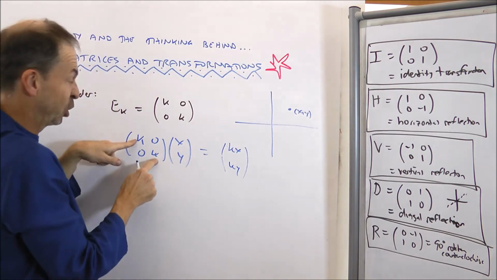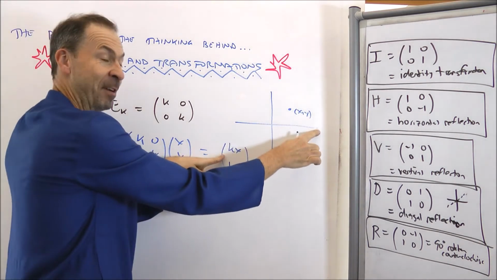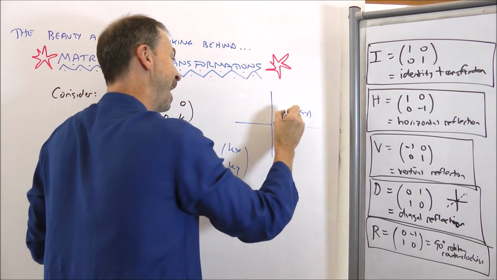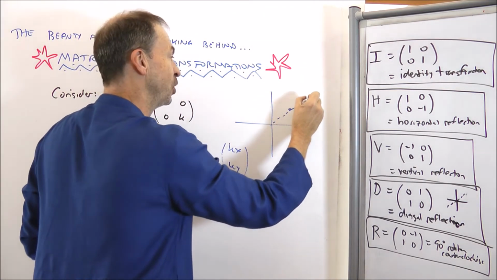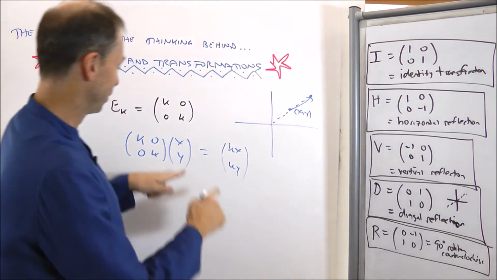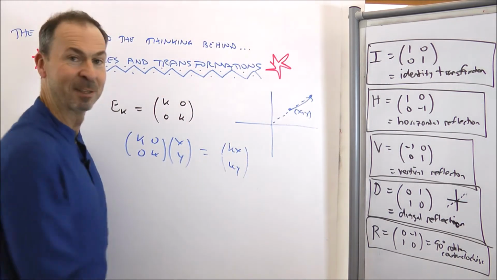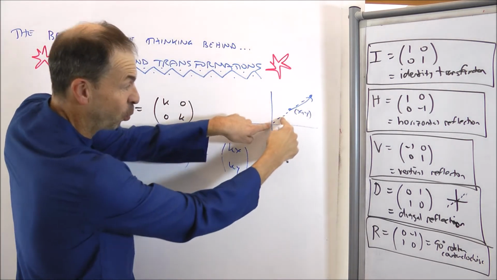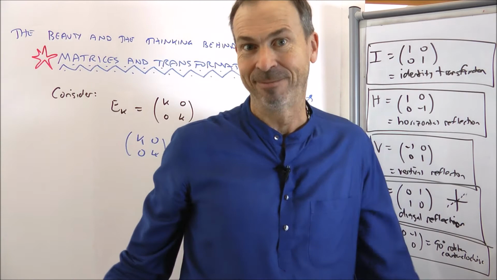For example, if k was 2, I've doubled how far it is away horizontally, and I've doubled how far away it is vertically, which means I've kind of doubled how far away it is in general. It's pushed it away by a factor twice the distance from the origin. If this was 3, it would have pushed it away 3 times as far from the origin. If it was a factor of half, it would have actually shrunk it towards the origin by a factor of 2.